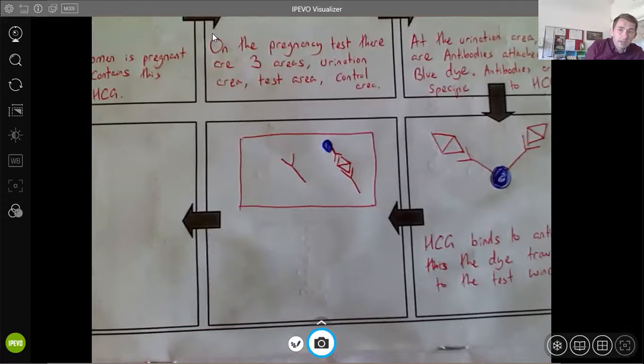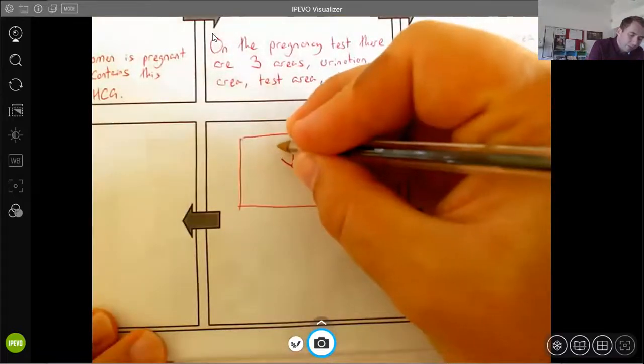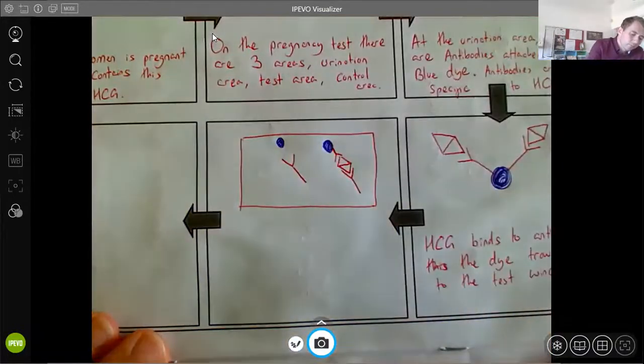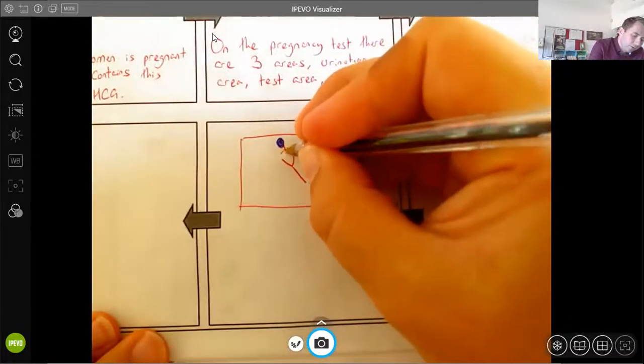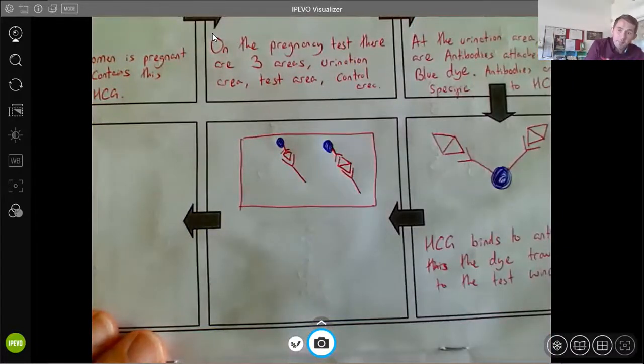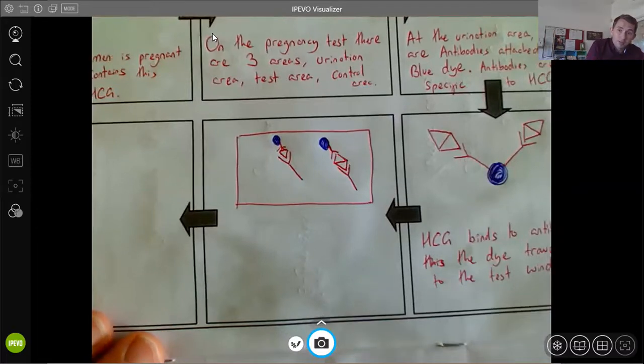The blue dye stops moving. So you end up with a collection. I'll do another one here for you. So again, another blue dot there. And again, you've got your HCG. They bind. And that forces a blue dye to appear in the test window, a blue line. And that gives you a positive test.